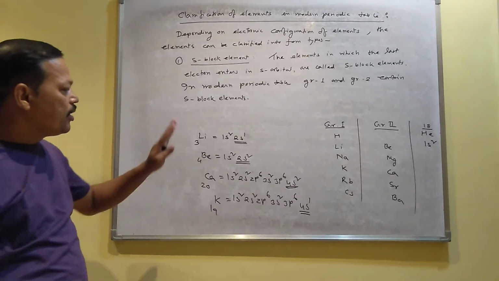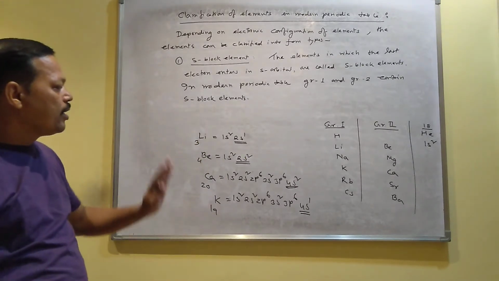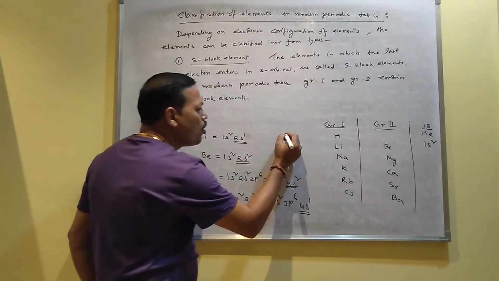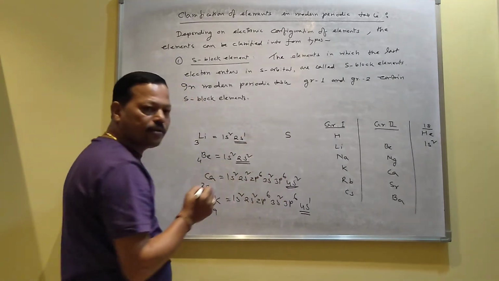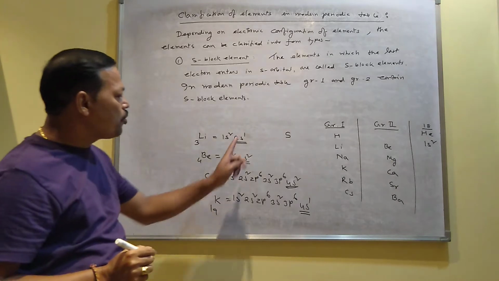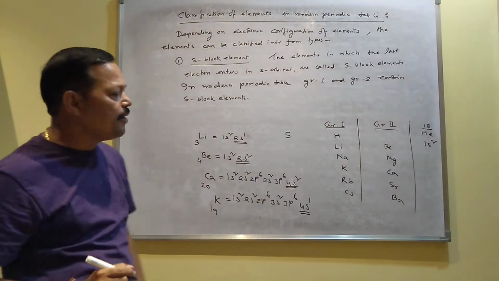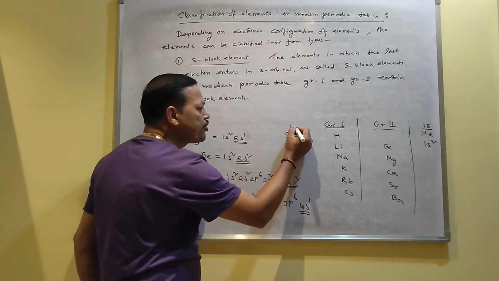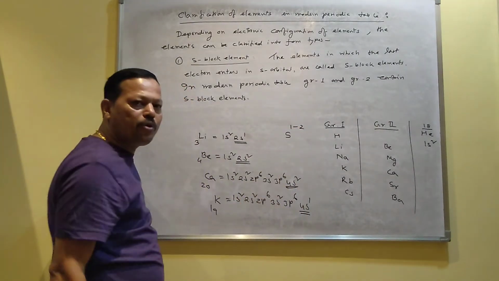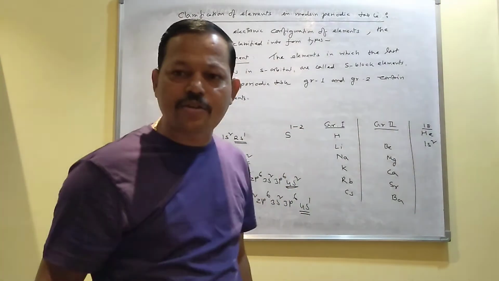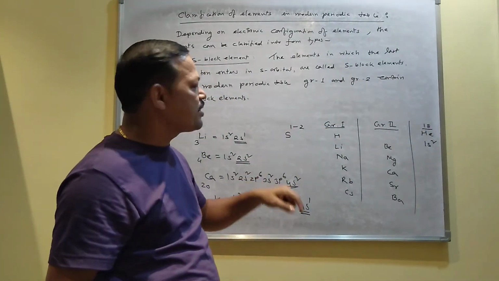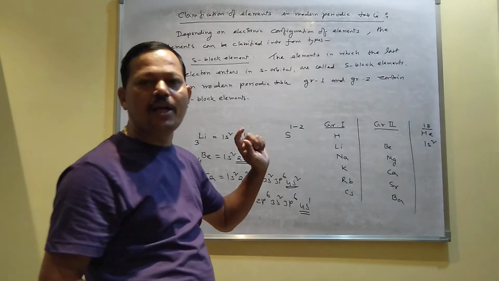For S block elements, the valence shell always contains S orbital, and they may contain either 1 electron or 2 electrons. S orbital contains a maximum of 2 electrons.